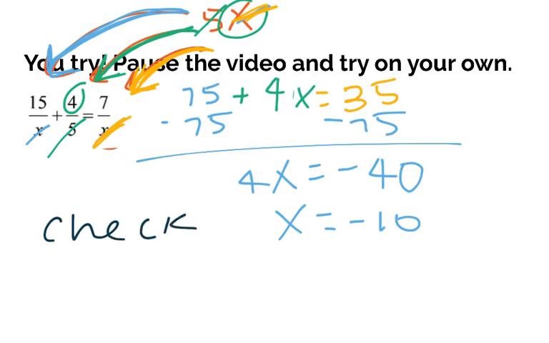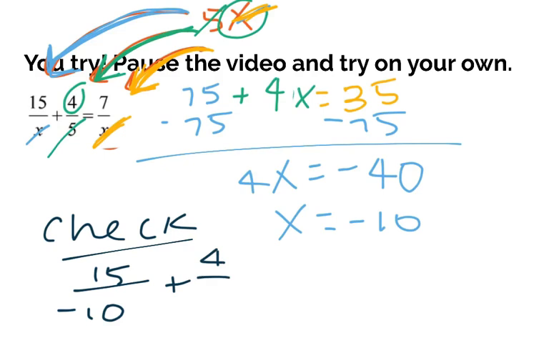So if I check 15 over x, which is negative 10, plus 4/5, we're hoping that that equals 7 over negative 10. So with these numbers, once you have only numbers, you can do this really easily on your calculator and use that math frac function.